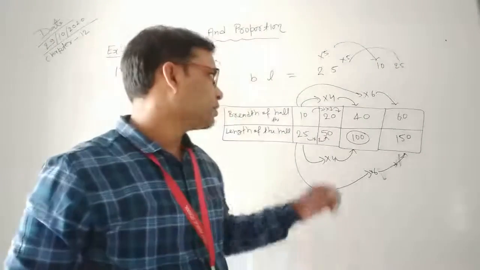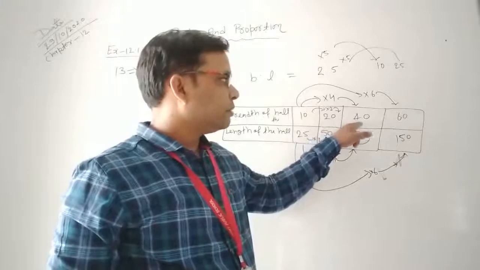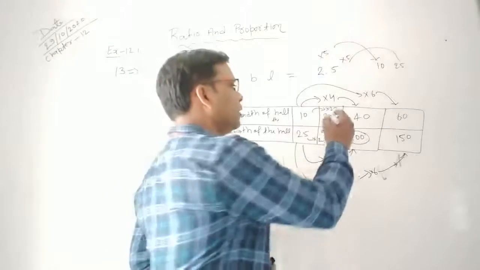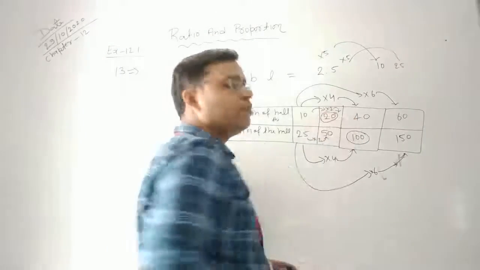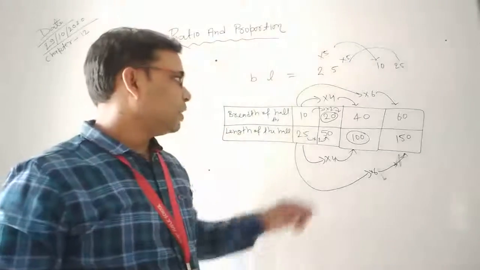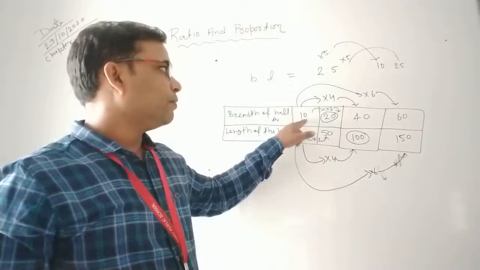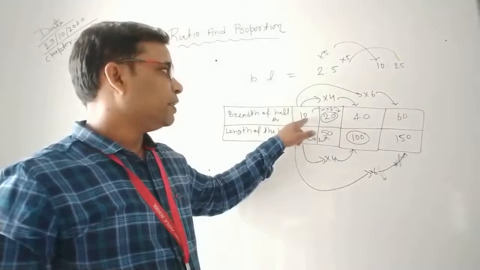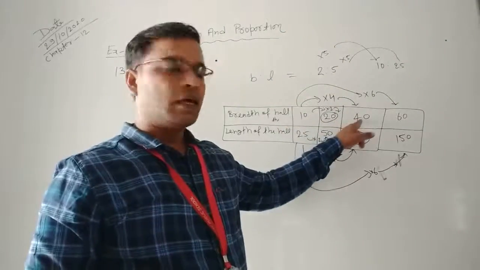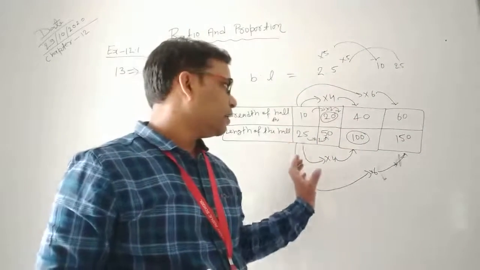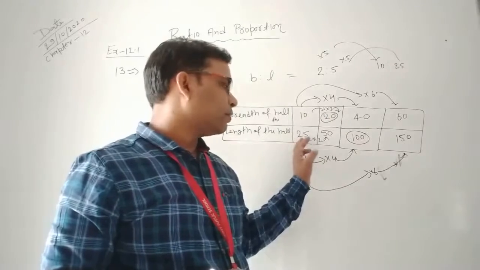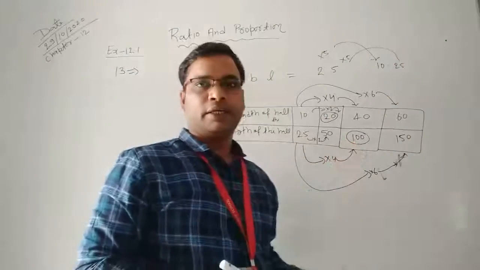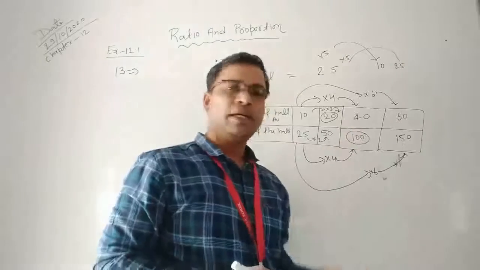Now again, 40 is given. How do we obtain 40? If we multiply 10 by 4, we obtain 40, and when we multiply 25 by 4, we obtain 100. So in this way, you can fill in the blanks.